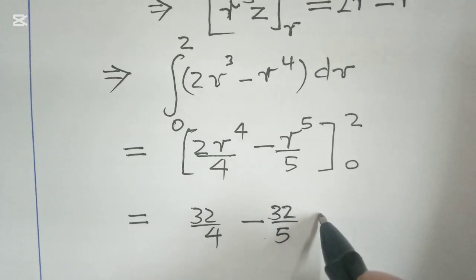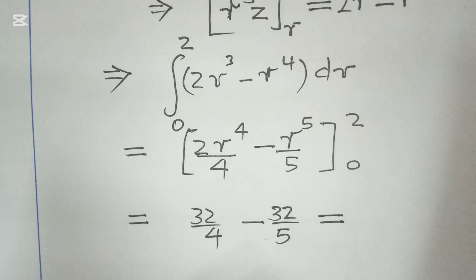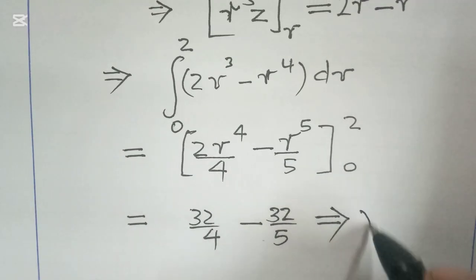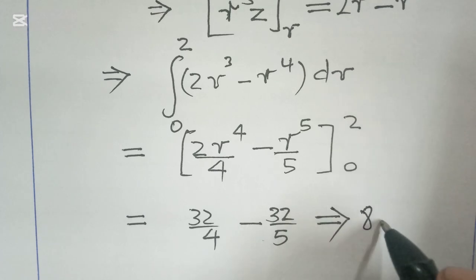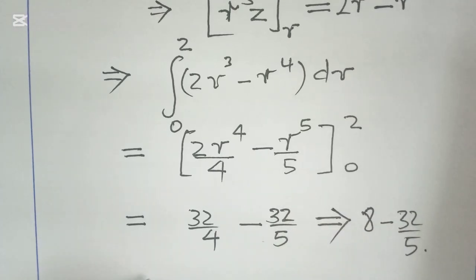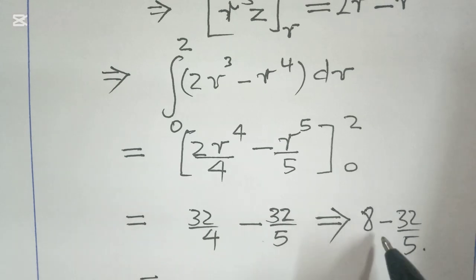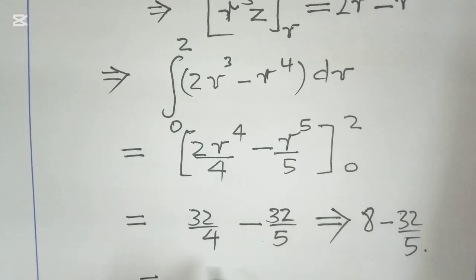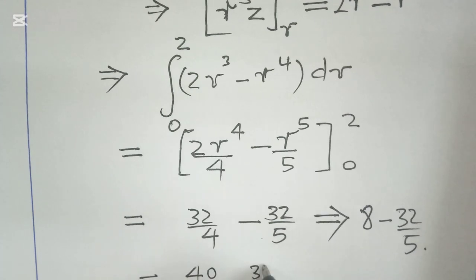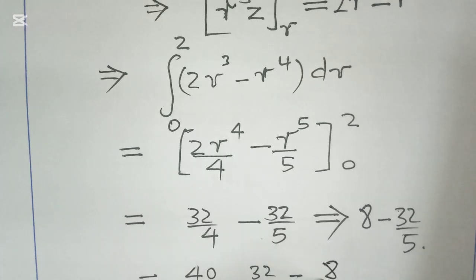This one is going to give us, let's see, 8 minus 32 all over 5. So it will come to like 40 all over 5 minus 32 over 5. This one gives us 8 all over 5, like that.